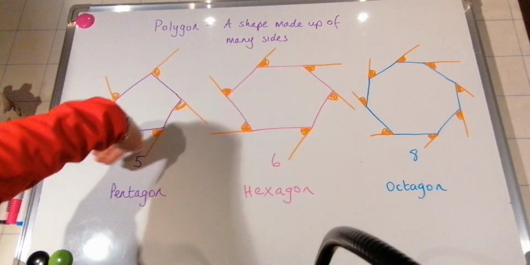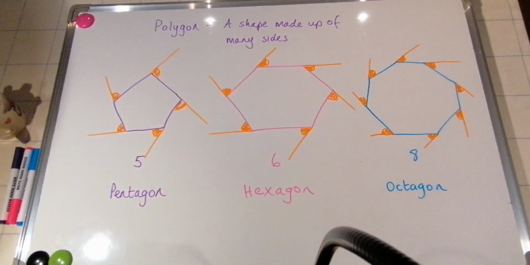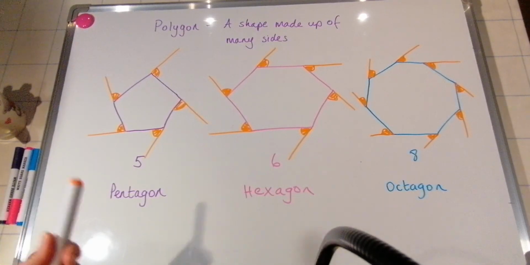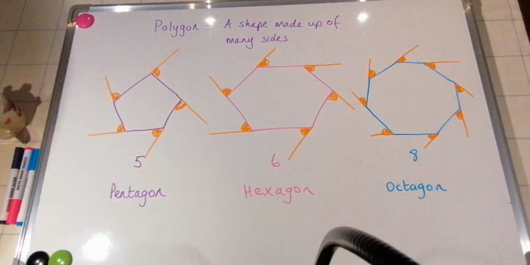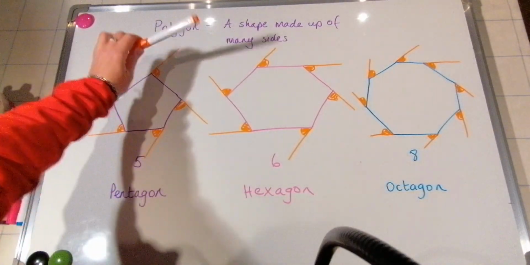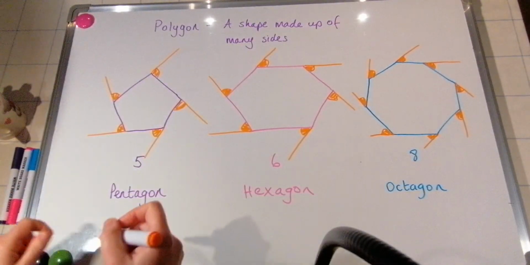If I follow all them orange lines, it's going to take me right round a circle. So they have to add up to 360. They're all exactly the same, because another word that I didn't write down here is the word regular. If we say regular, then we're assuming that the lines on here are all the same length, therefore my angles are all the same. So all my exterior angles will sum to 360.